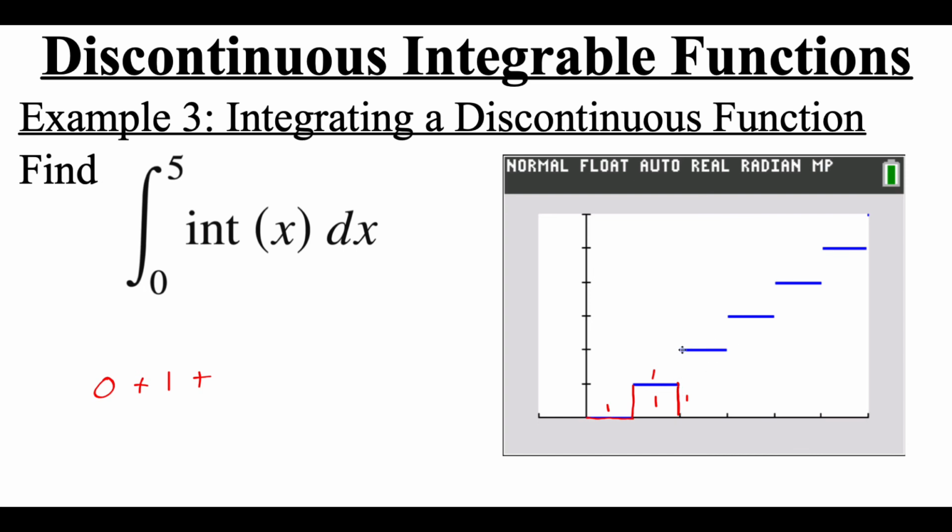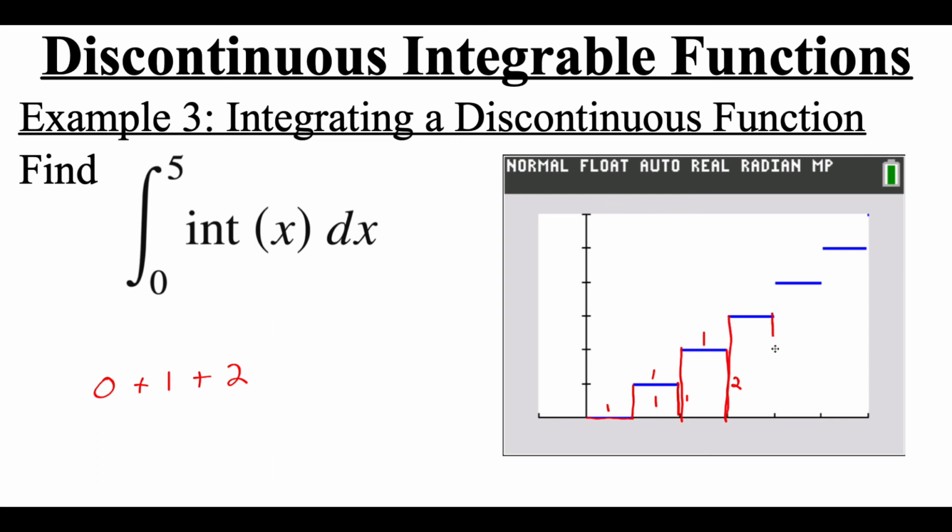As we look at the next piece over and draw in that rectangle, that's now got a height of 2 with a length of 1, so 1 times 2 is 2. Now there is technically just a very little gap between these, but similar to what we looked at in the last example with that trapezoid, that gap is so small that we essentially don't end up leaving out any area values in our calculation.